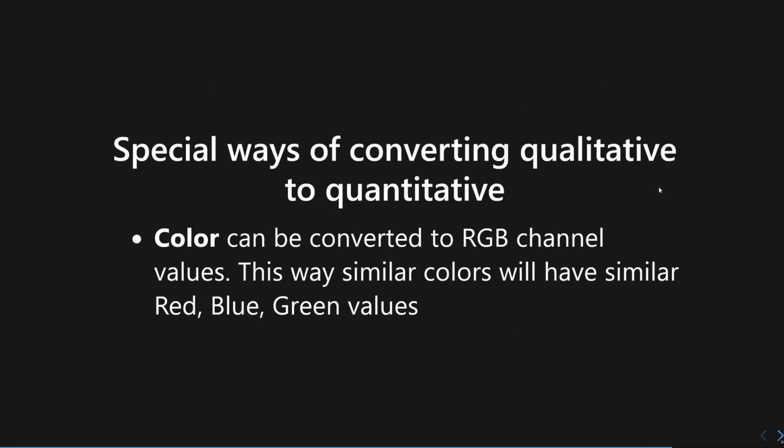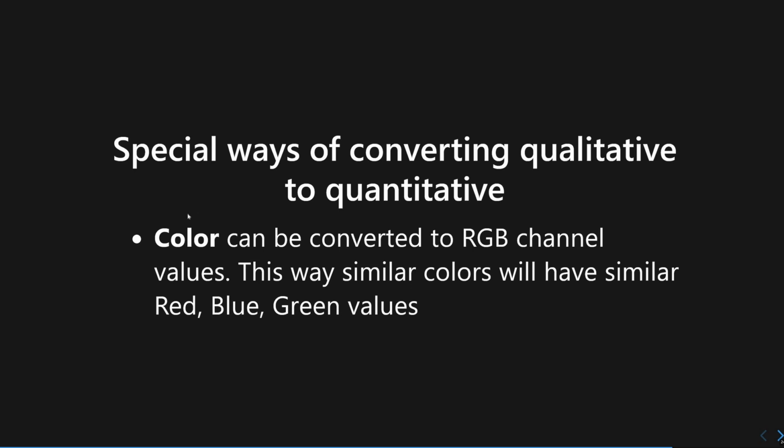Color, for example. This is qualitative data as well, but you can convert this into quantitative data by converting it into RGB. So those of you who have some background in multimedia, for example, any color has a corresponding RGB value. It doesn't have to be RGB, it can also be HSL values or CMYK values, but all of those are quantitative conversions.